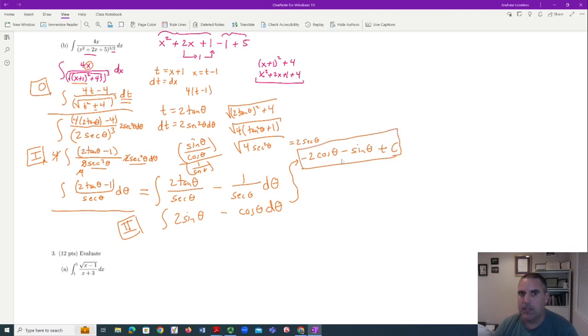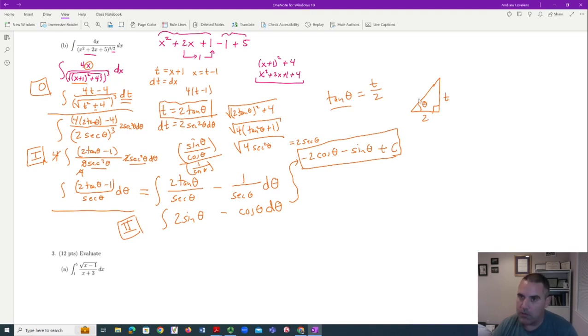And the very last of the steps is, how do we return to x? And that's where we go back and we say, hold on, I know that tangent of theta is t over 2. And the reason we write it as a fraction is so that we can label the ratio that this represents.